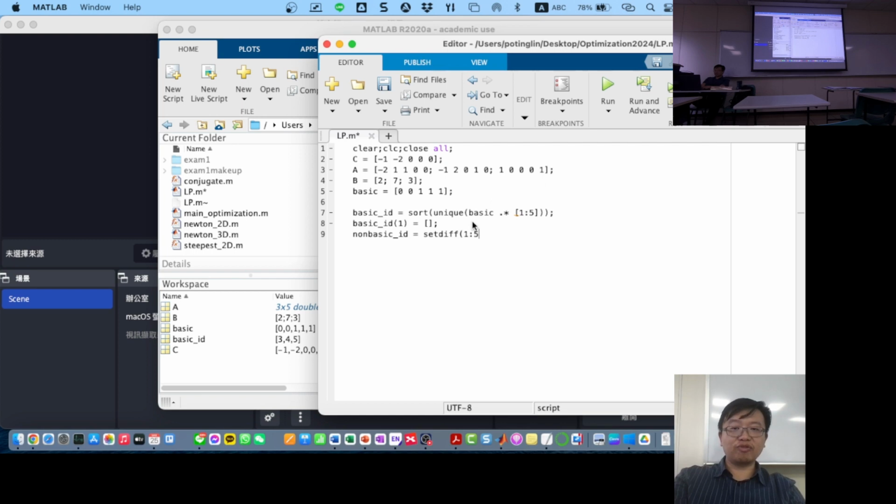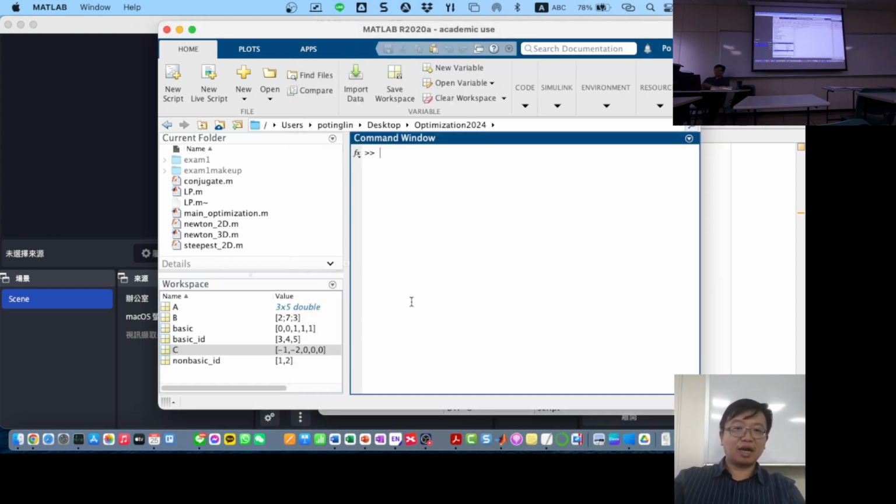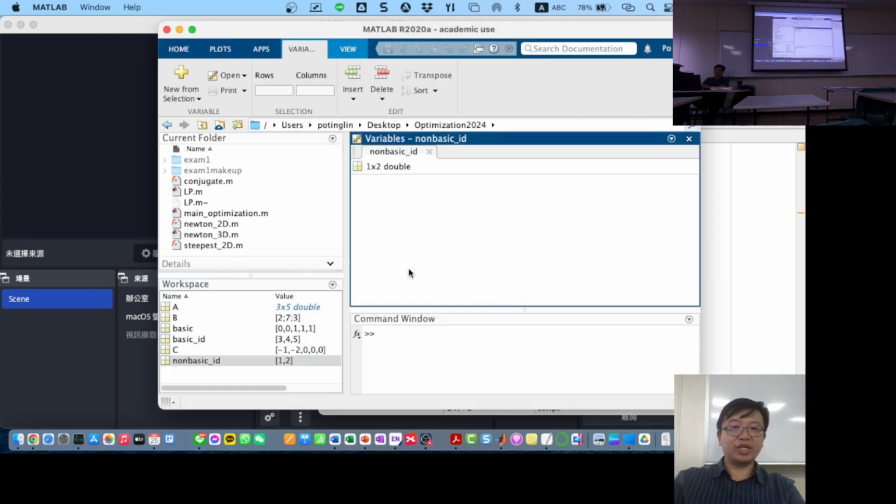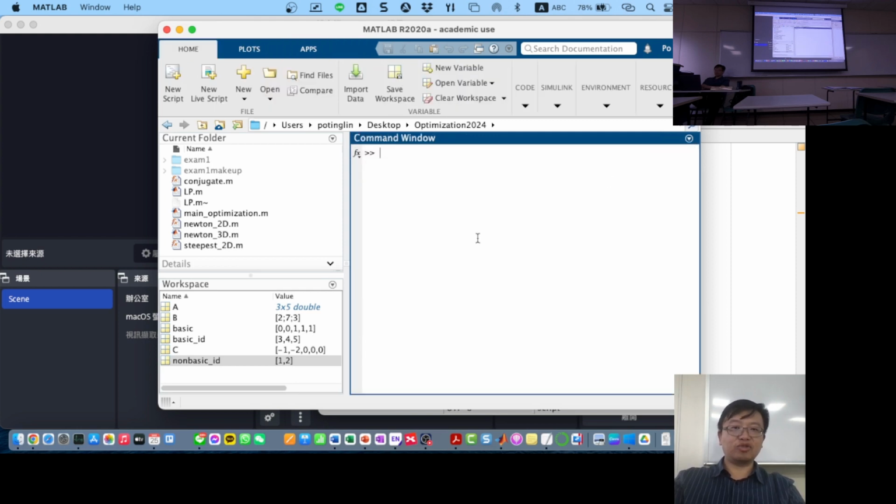Here I can say 1 to 5, and the second input will be the basic ID. If I do that, non-basic ID will be 1 and 2. See, basic ID, 3, 4, 5. Non-basic ID, 1 and 2.